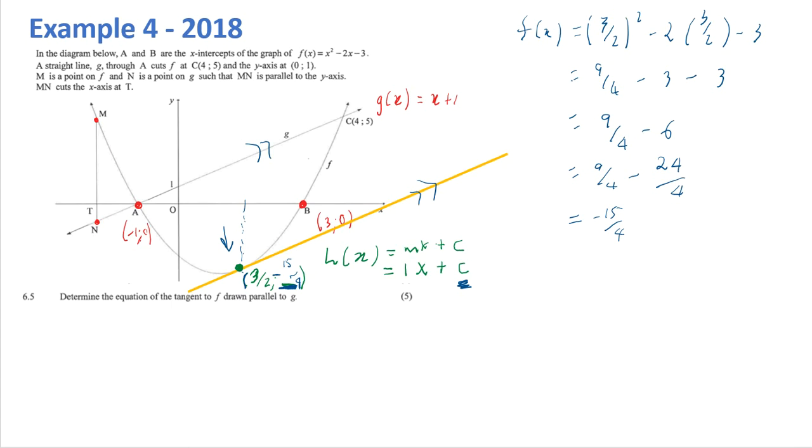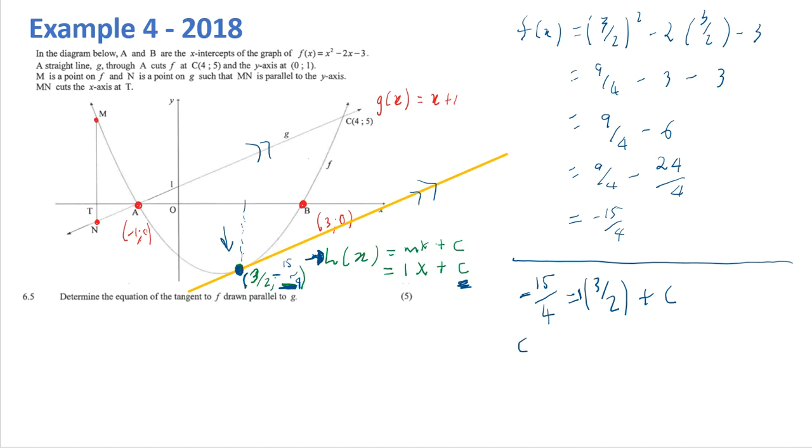Okay? Now, what do I have? I have a y value, I have an x value, and I have the shape of the straight line. So it's as simple as going: the straight line has to hold for this corresponding y value, because this is a point on this line, this corresponding x value with a slope of 1, plus c. Okay?